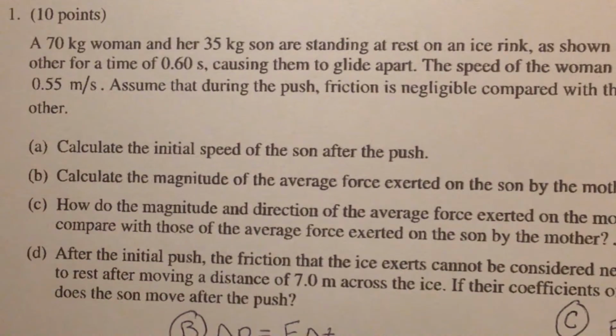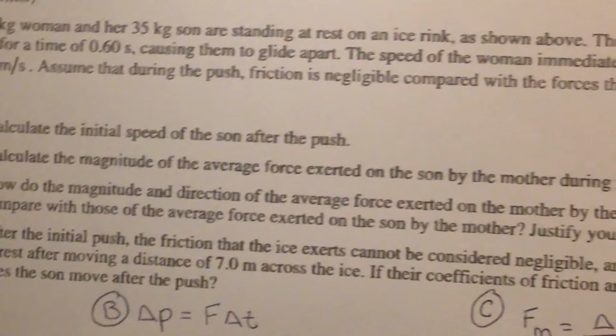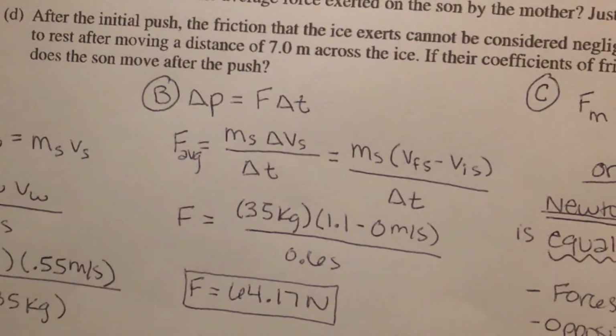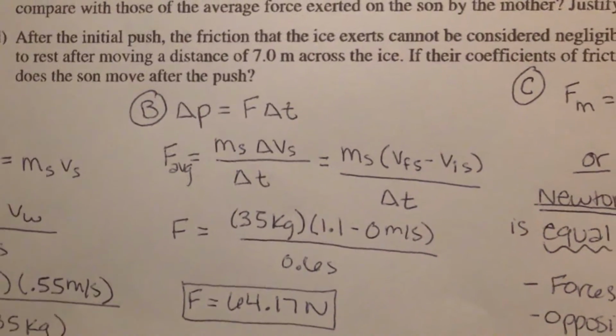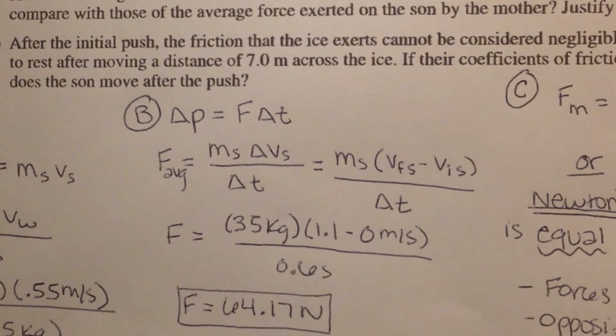Part B says calculate the magnitude of the average force exerted on the son by the mother during the push. So we know that average force times time is equal to change in P, and change in P is impulse.